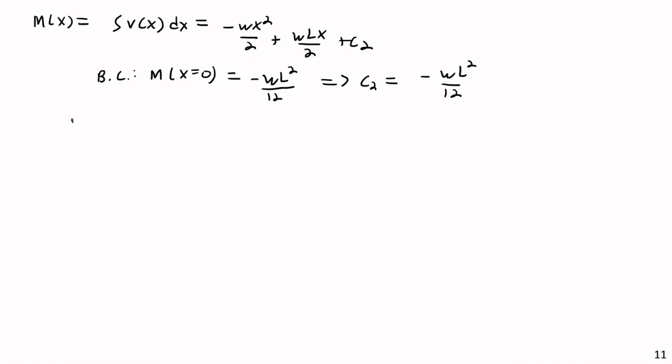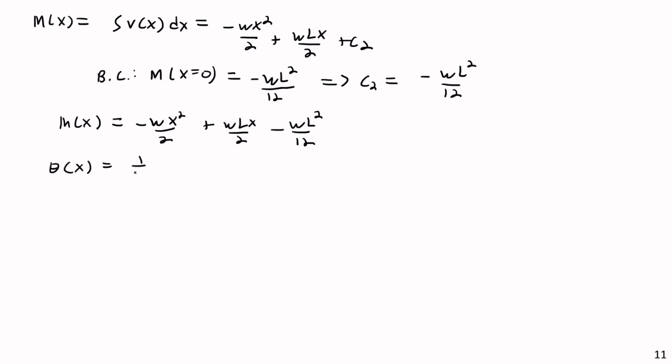So then M as a function of x, if I were to write this all in one line, is negative Wx squared divided by 2 plus WLx over 2 minus WL squared divided by 12. Then I want to get theta as a function of x.